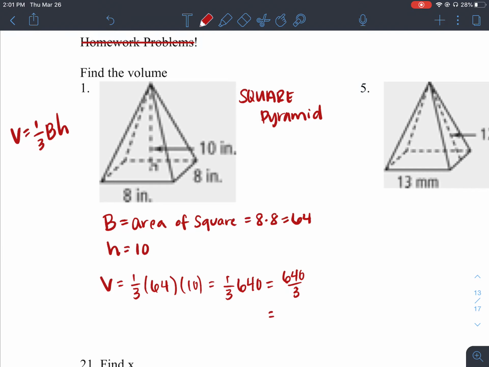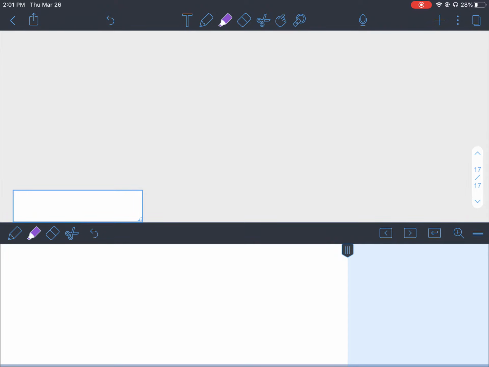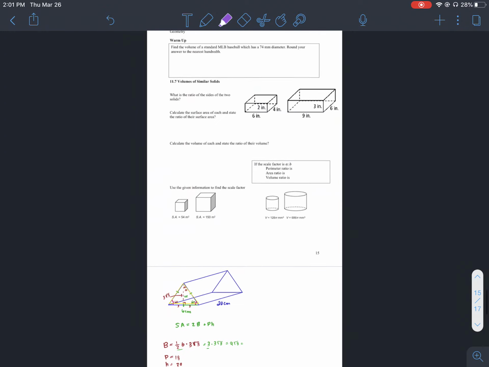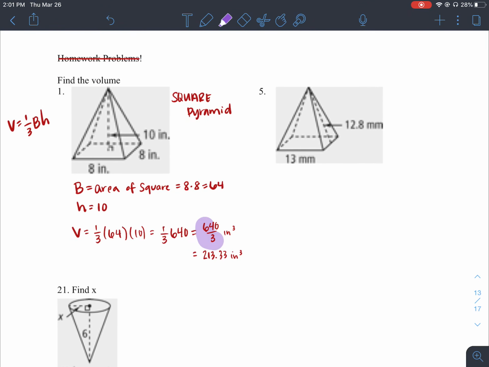If we were to be rounding, 213.33 inches cubed. If maybe on IXL they asked for an exact value, you would want to put the fraction in. If they ask you to round, this answer right here would be the preferred one. Okay, so that was pretty straightforward.